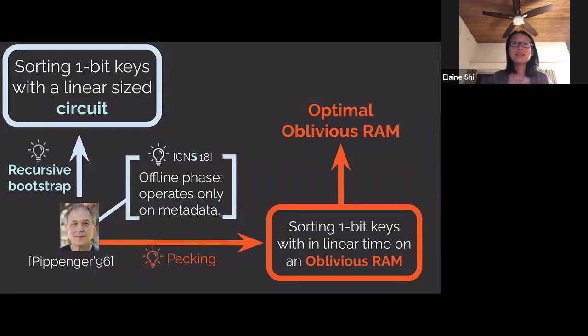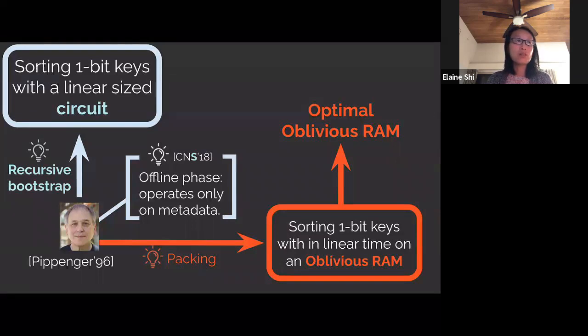Last but not least, let me say a few words about how this is related to optimal ORAM. In optimal ORAM, we essentially need an oblivious algorithm that sorts 1-bit keys in linear time, and this is on the RAM. To get that, we also rely on Pippenger's superconcentrator construction and the same offline-online insight. But to get rid of the n log n in the oblivious RAM model actually requires, in some sense, the opposite techniques from the circuit model.